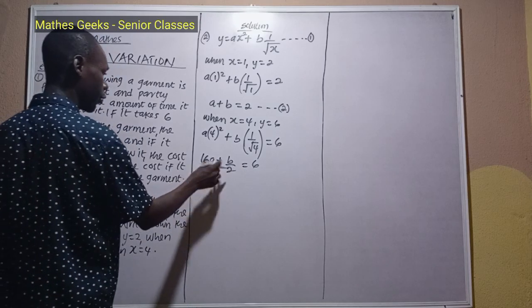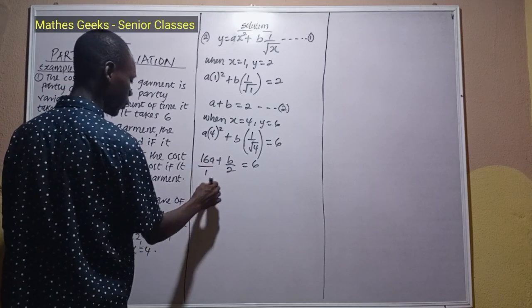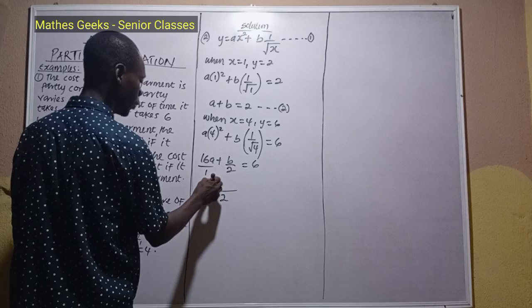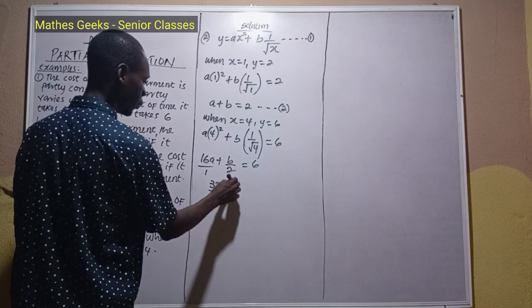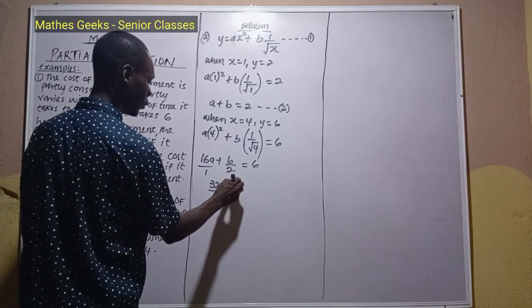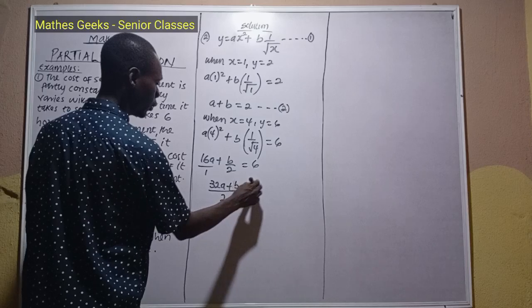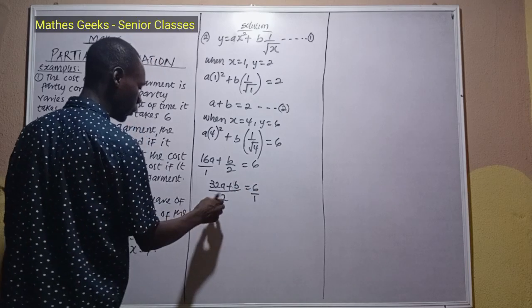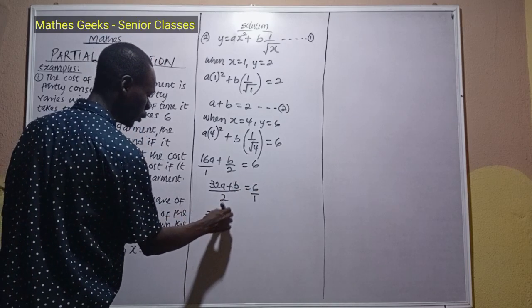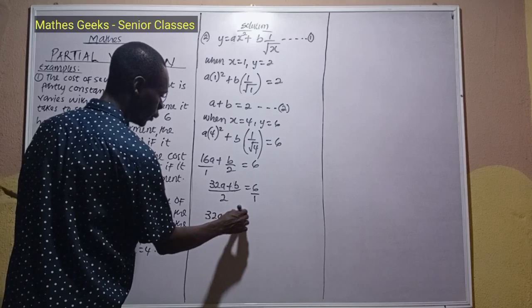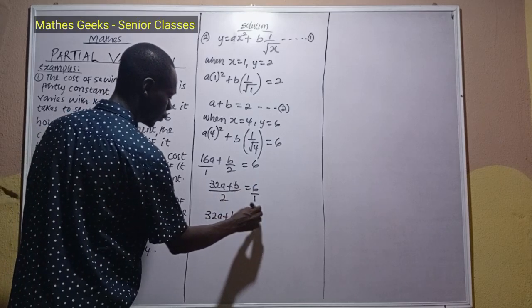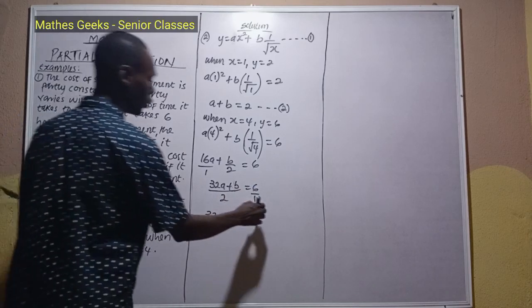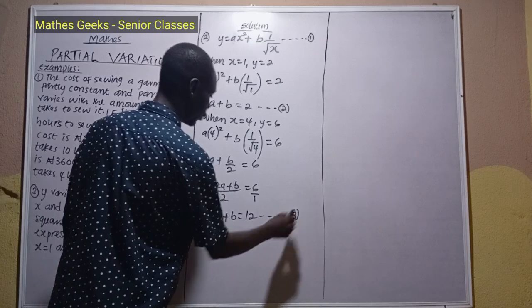So let's simplify this fraction. The LCM is 2, so 32a plus b over 2 equals 6. Cross multiply: 32a plus b is equal to 2 times 6, 12. So this becomes equation 3.